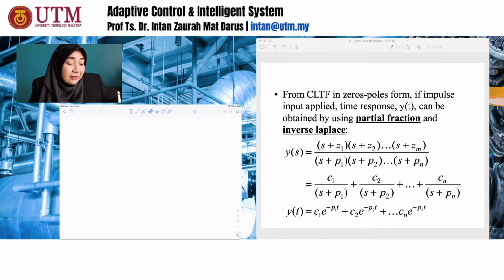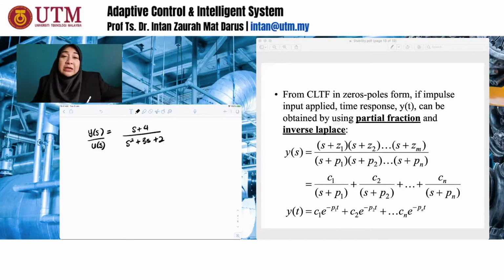Let's say I have a system, Y(s) over U(s), transfer function equal to (s plus 4) over (s squared plus 3s plus 2). This is in polynomial form. From polynomial form, let's say I want to convert to zero and poles form.